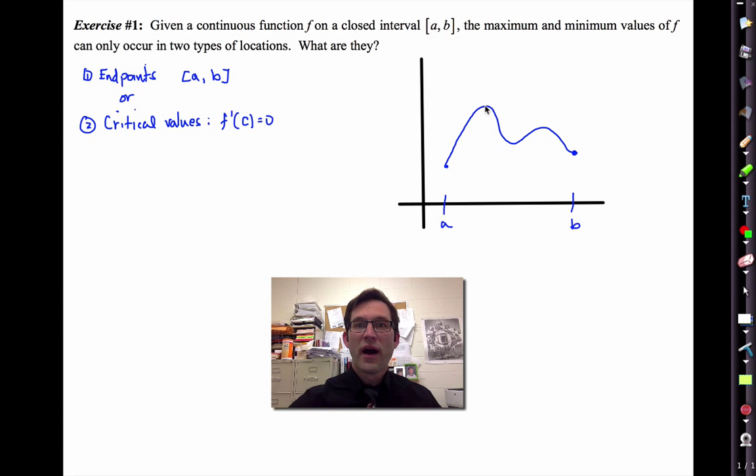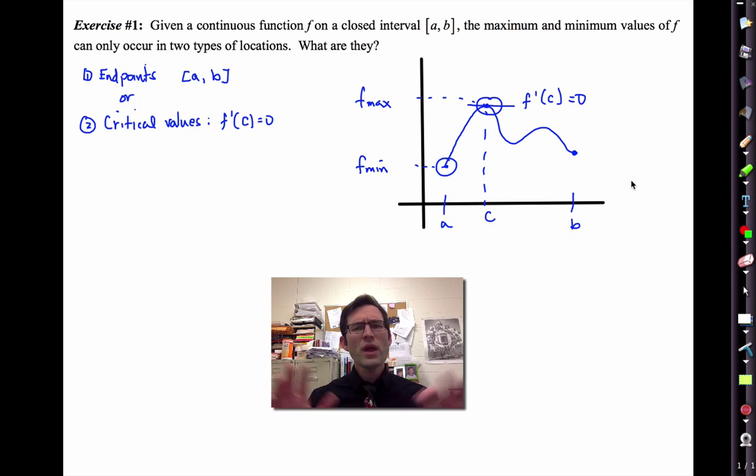It's very obvious that we've got our maximum y value, f max, here. It's also pretty obvious that we've got our minimum value here. Notice that this is actually the location of a critical value because f prime of c is equal to 0 there. This is not a critical value, but it's an endpoint. So this is absolutely critical to understand.